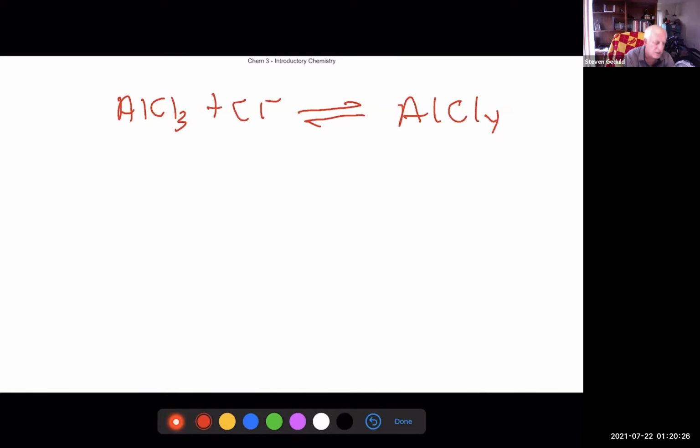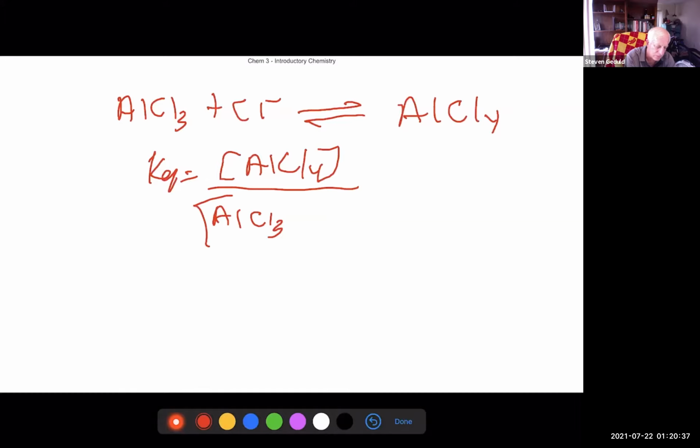So the equilibrium constant would be products over reactants, each raised to the number that they balance the equation with. And that's it. That's your equilibrium expression.